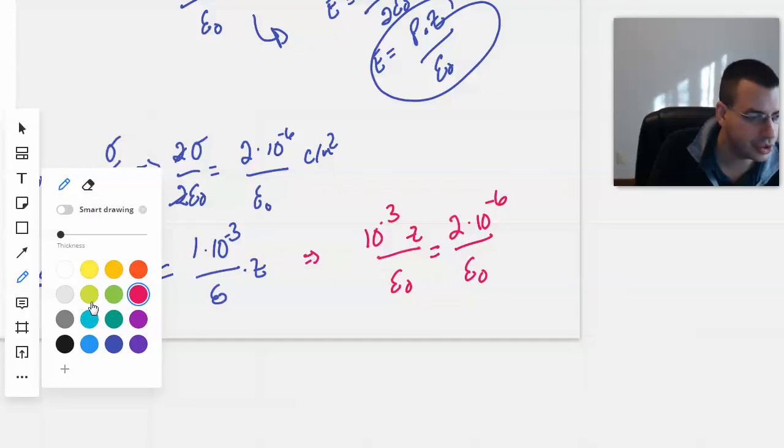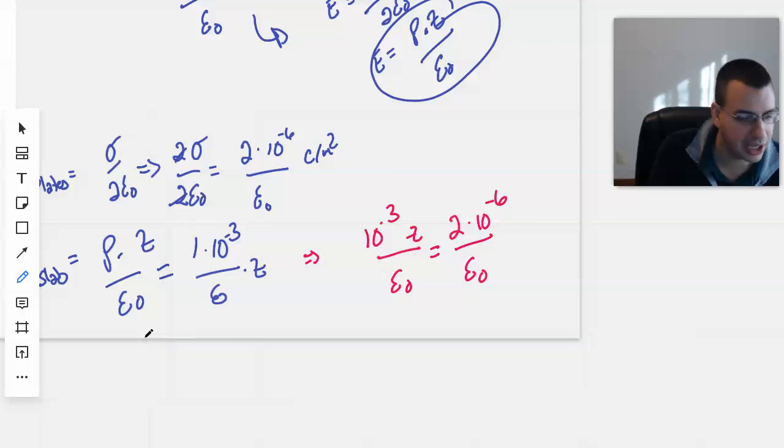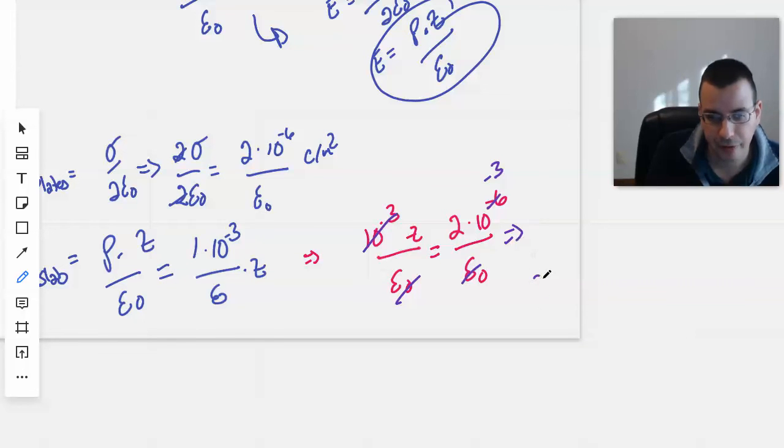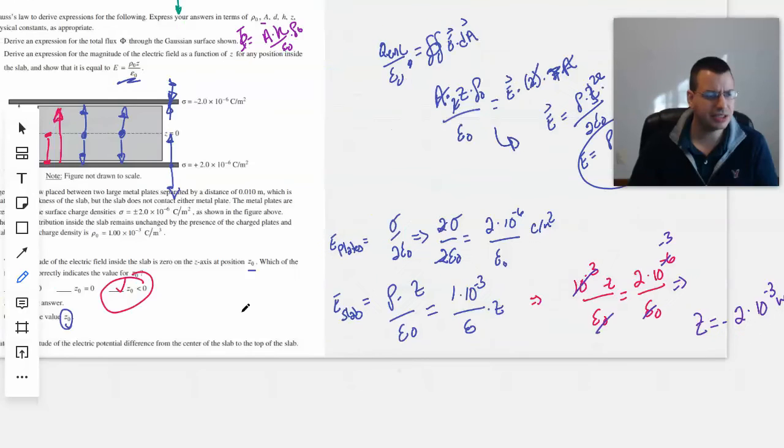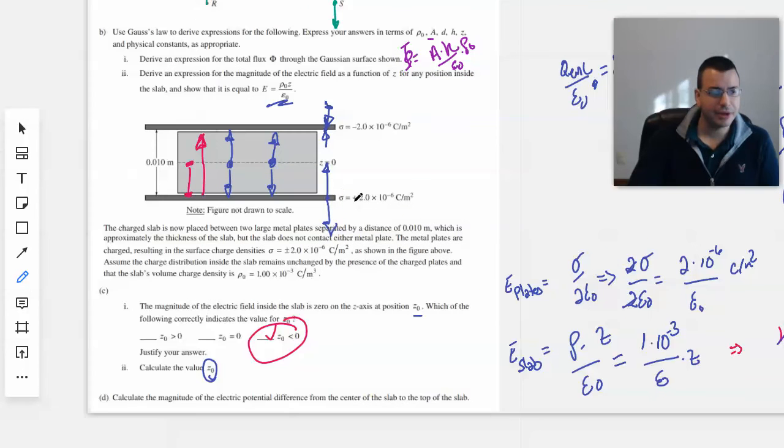Change colors so we can accentuate the canceling. Cancel, cancel, cancel, cancel. Therefore, z equals 2 times 10 to the negative third meters. And we know that'll be negative. Do we know how big this z is? Or how big the slab is?